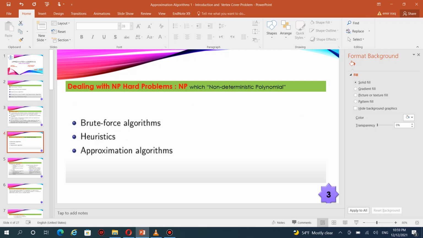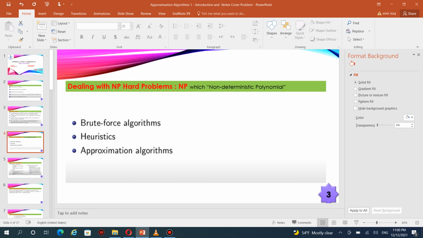Next slide, we have three algorithms when we want to deal with NP-hard problems: brute force algorithm, heuristic algorithm, and approximation algorithm. NP means non-deterministic polynomial.